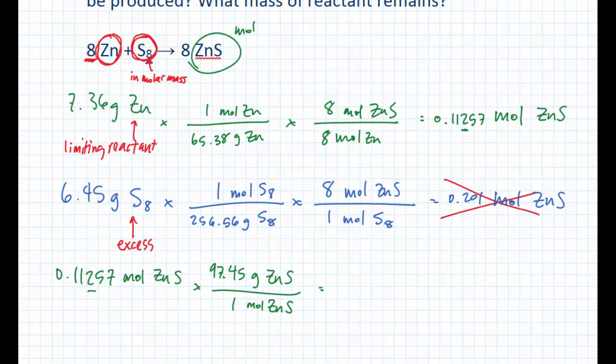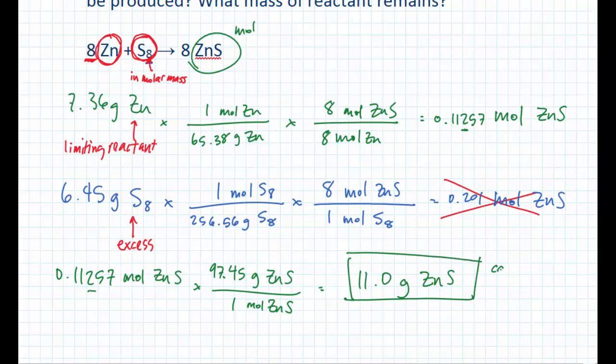So how many grams of that product can be produced? Let's call it 11.0. Okay, so there's one answer. Can be produced. Okay. Then what? What, back to moles?